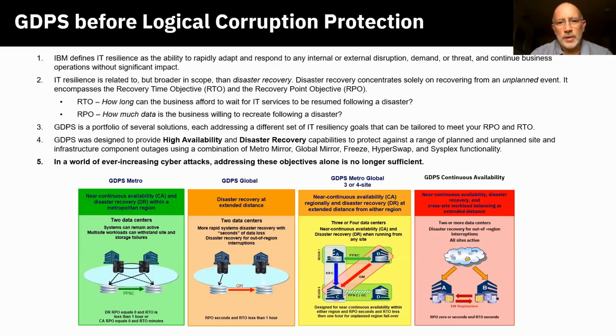GDPS was very good at combining a range of functionality, disk replication, sysplex, HyperSwap, those types of functions married together, providing a high availability solution and obviously disaster recovery capabilities.